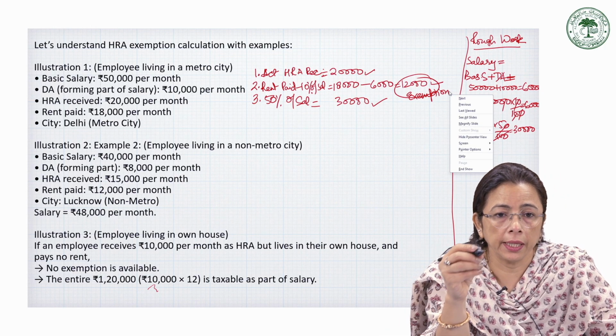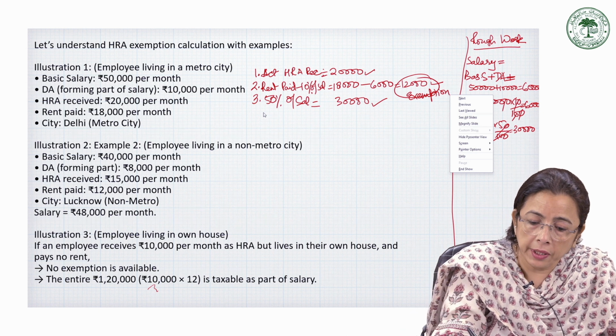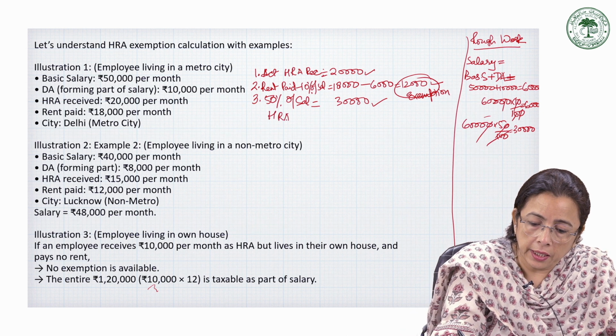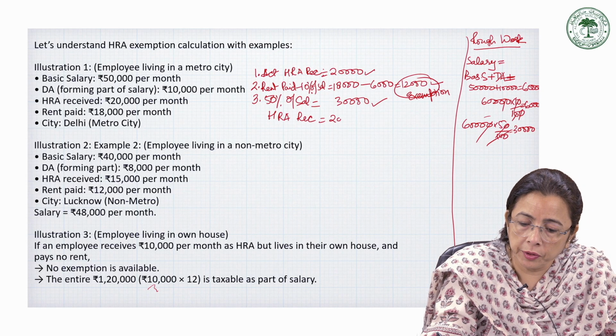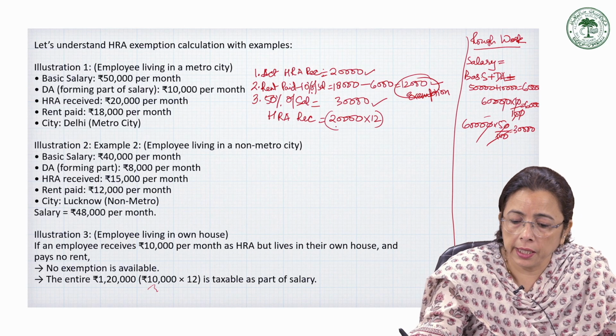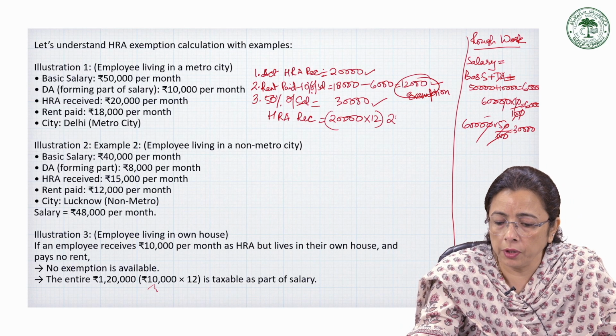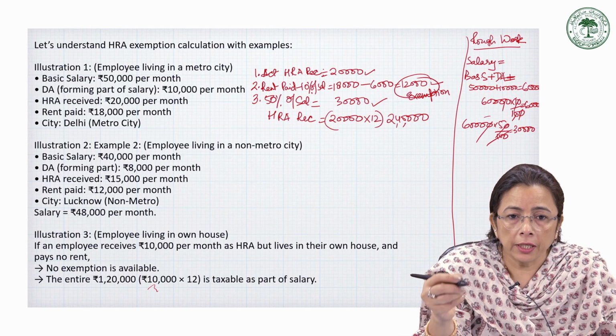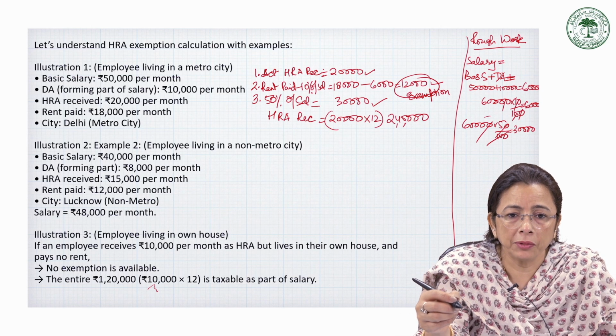Now, when we talk about the exemption as 12,000, let us see what the taxable HRA will be. The HRA received is 20,000 per month. That means for 12 months the total HRA received is 2,40,000. So we will take into consideration the exemption amount.